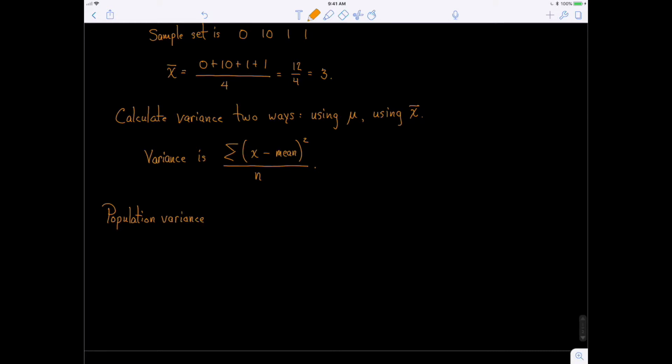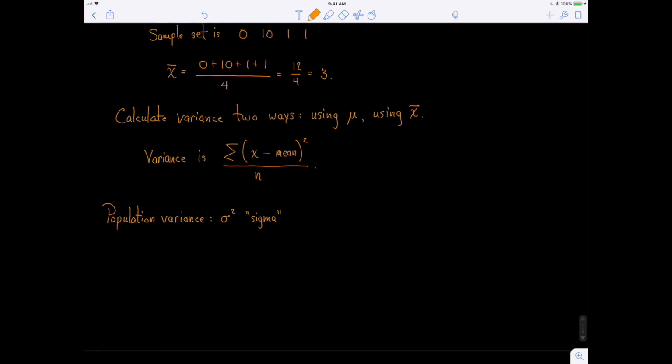And in the population variance, we use this lowercase squiggly circle. It's called sigma. Population sigma squared. That's how we read that. Sigma is the letter and the 2 is the squared.